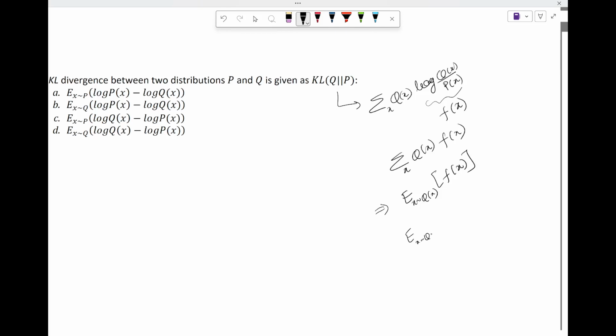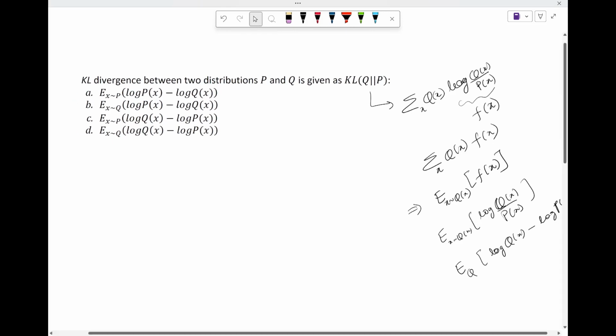And this f(x) is basically log q(x) by p(x), which is log q(x) minus log p(x).